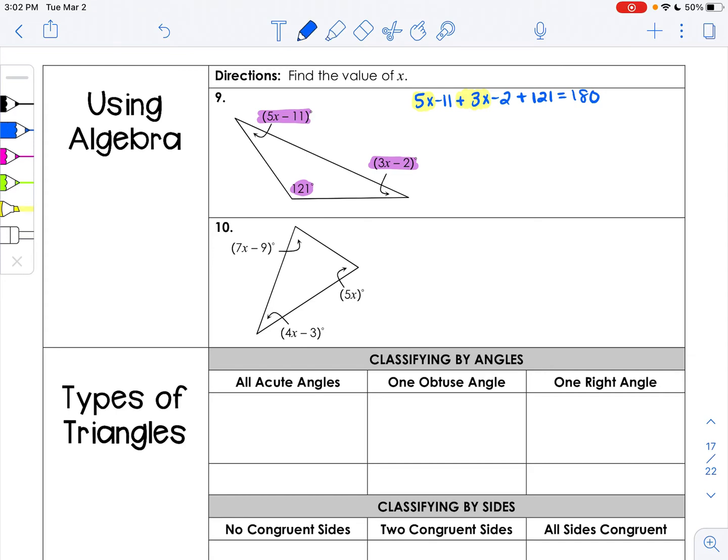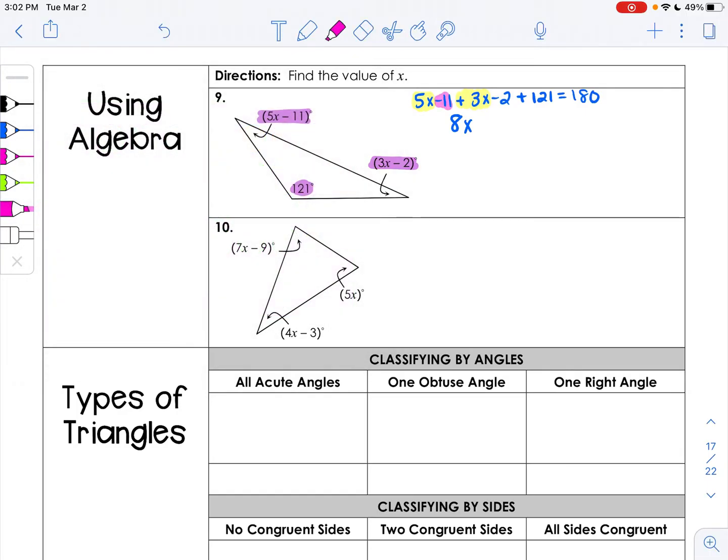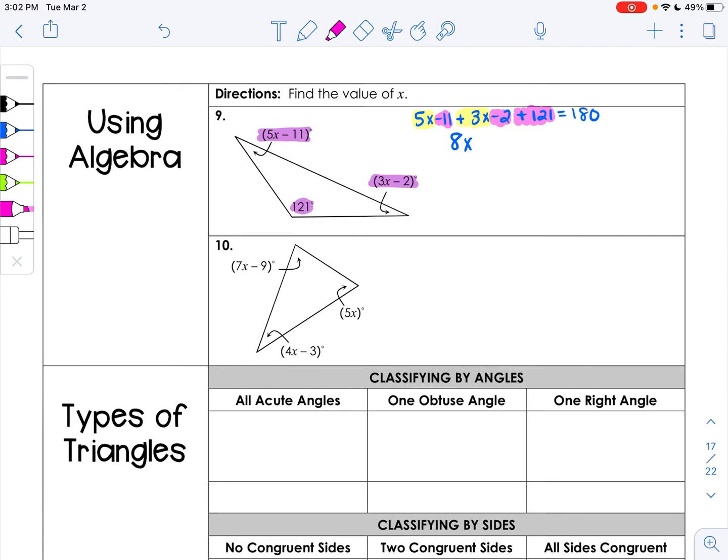That gives me 8x. I can also combine negative 11 minus 2. That's negative 13 plus 121. Negative 11 minus 2 plus 121 is a positive 108 equals 180. I can then subtract 108 from both sides.